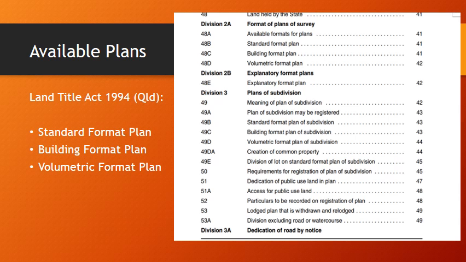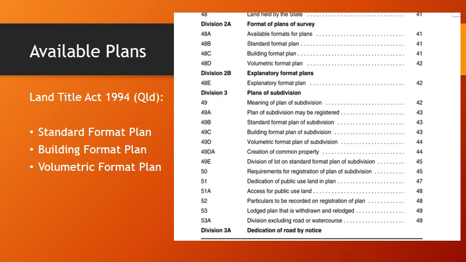So back to this process of subdivision. If you're going to subdivide land, you need to comply with the legislation. And the relevant legislation here is two pieces of legislation. The one I will talk about in this podcast is the Land Title Act, and these provisions are sections 48A down to probably 49DA.